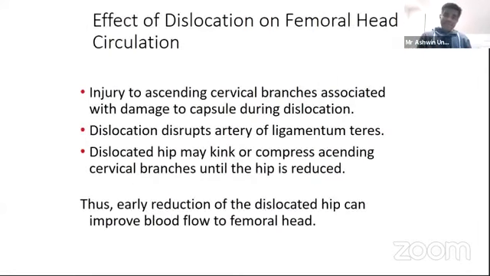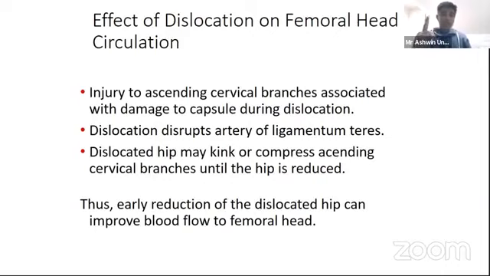What are the effects of the dislocation on the femoral head? As I previously said, injury to the ascending cervical branch is associated with damage to the capsule during dislocation, and this also affects the blood supply because the ligamentum teres is affected. It also affects with other probabilities that occur with the hip dislocation.